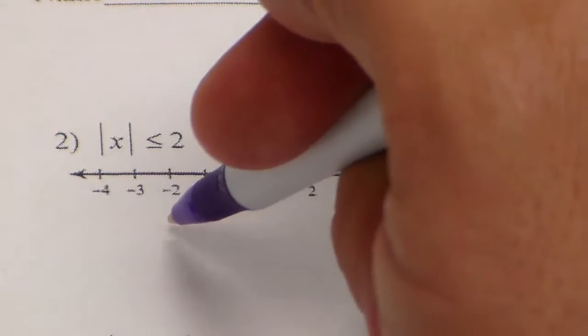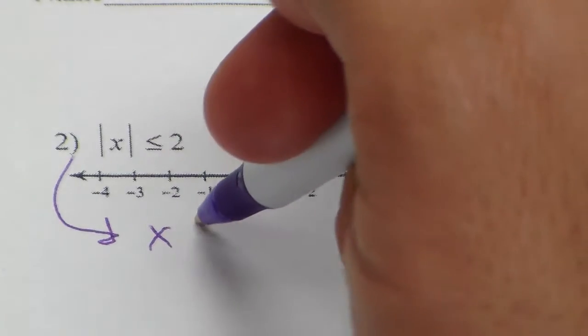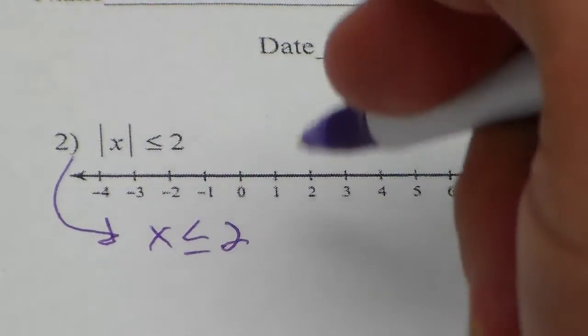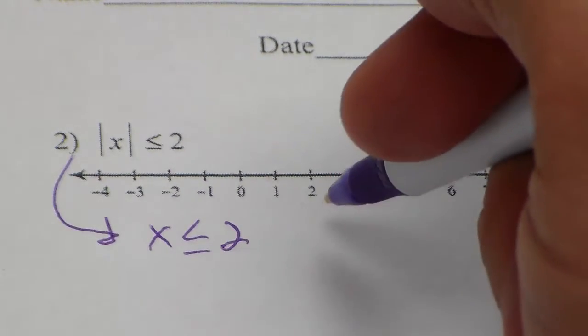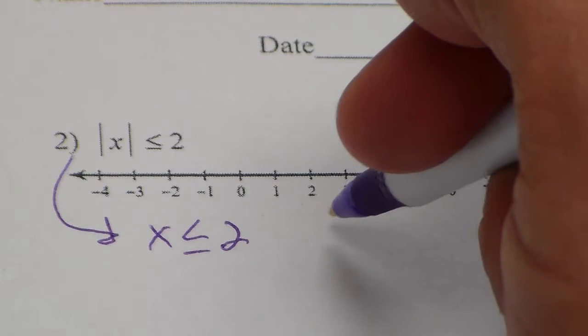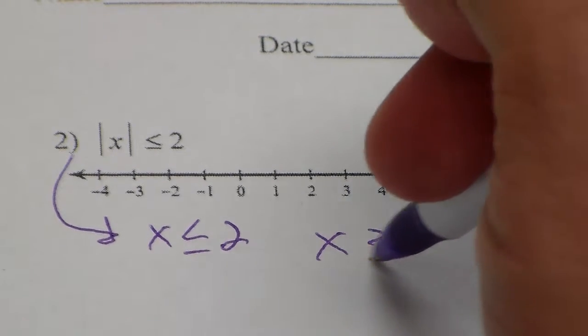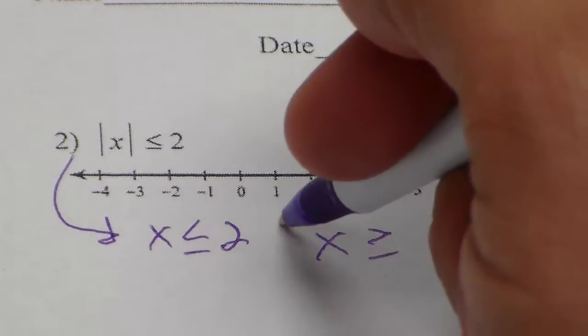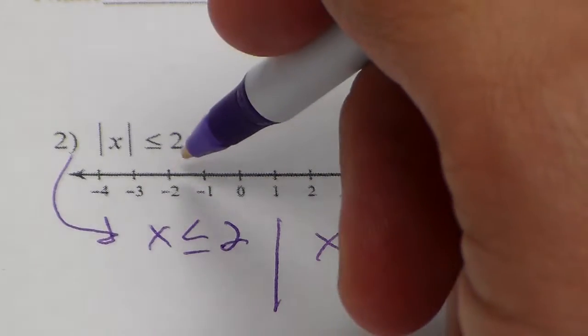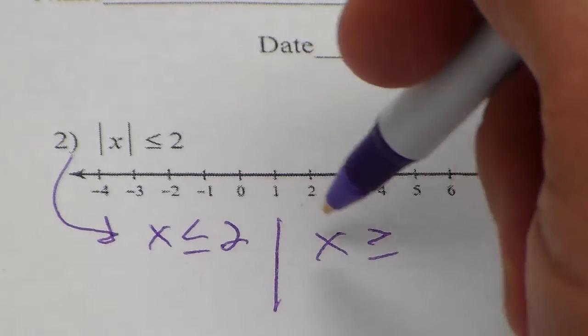So basically you drop the absolute value symbol and you just do x is less than or equal to 2. And so then we're trying to find two solutions, so that's going to give us one of them. And then you have to change the inequality sign. So you're going from, this is for the second equation. Because you're going to break it off into two equations.